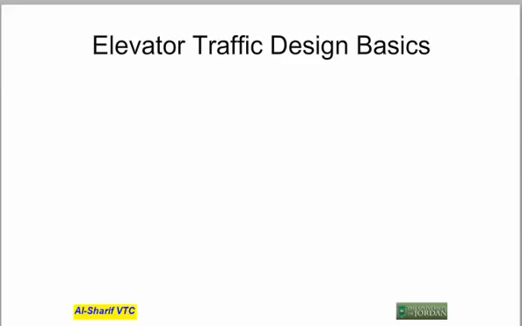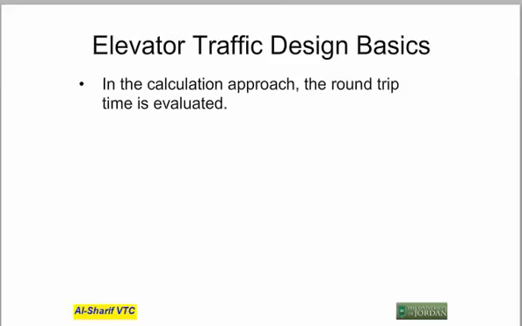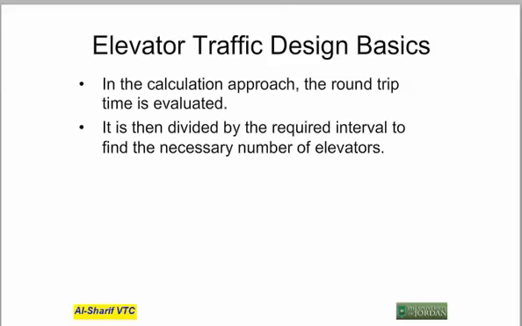So having calculated the round trip time, the designer would then use it to calculate the required number of elevators. The round trip time is divided by the required interval, and as I said before, the required interval is an indication of the quality of service. The number that results from dividing the round trip time by the required interval gives us the necessary number of elevators.